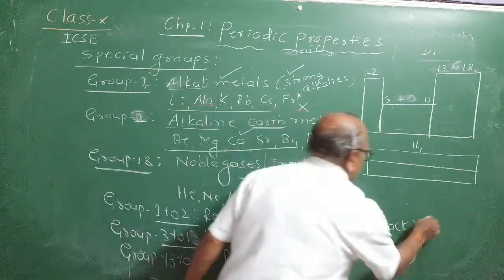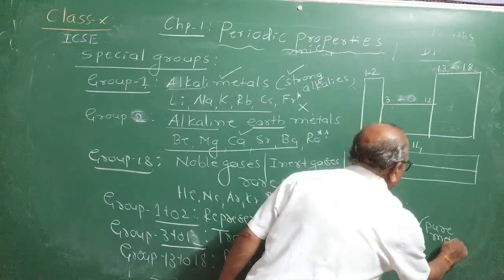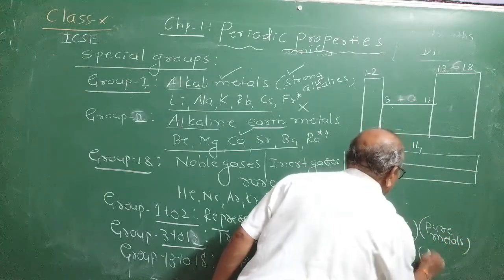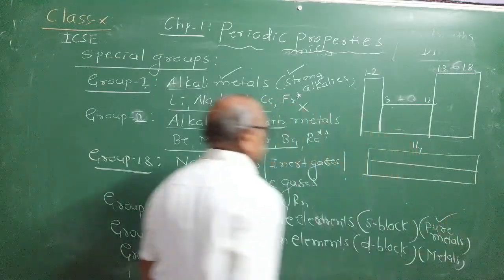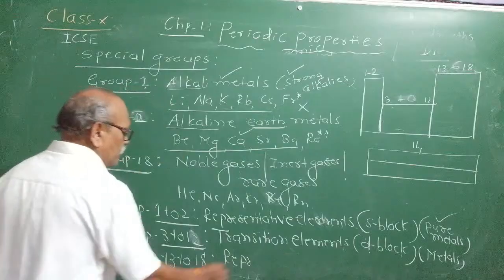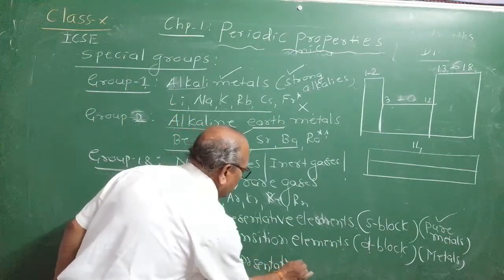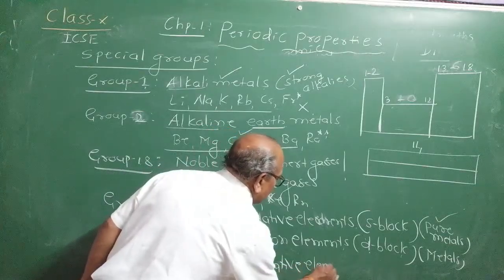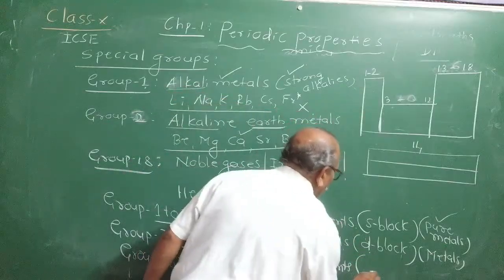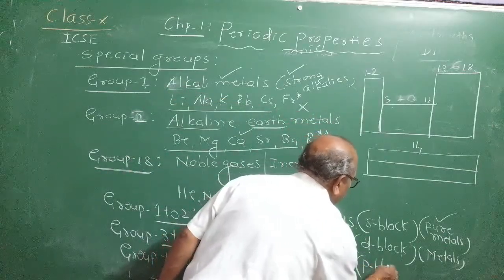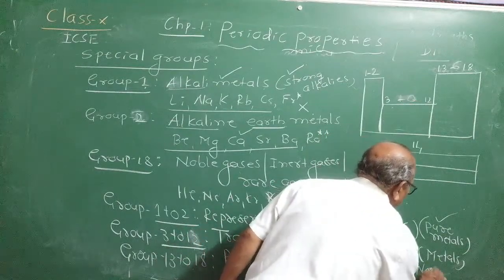Even in the D block they are metals, but not as reactive as the S block. These representative elements are called P block elements, which we will study later. They include non-metals and metalloids.